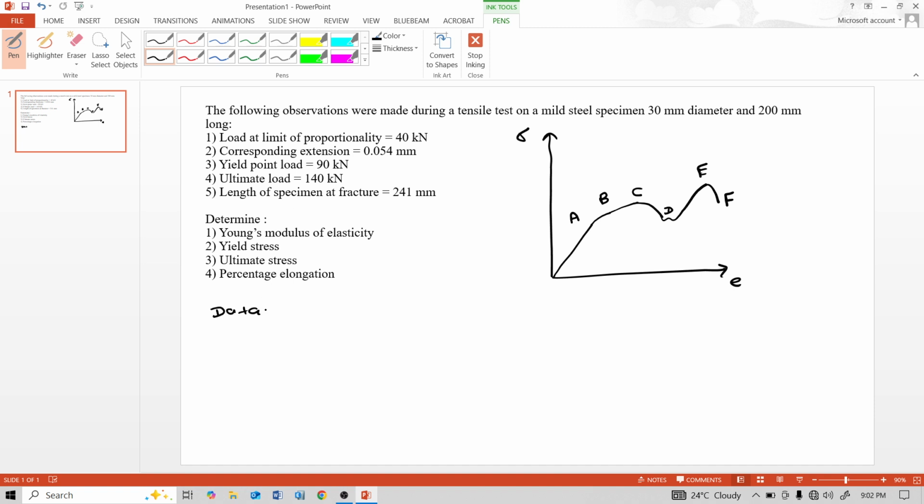Data: mild steel specimen 30 mm diameter, small d is equal to 30 mm, and 200 mm long.